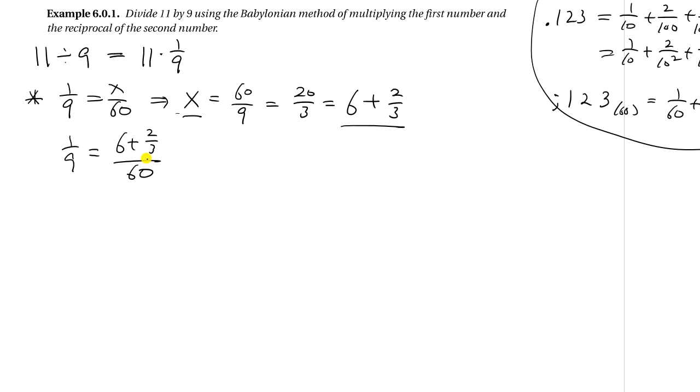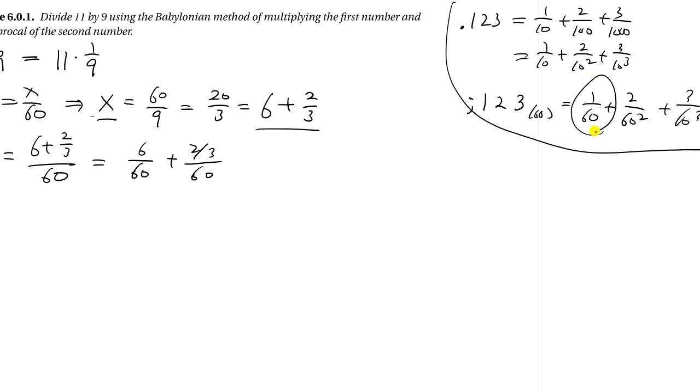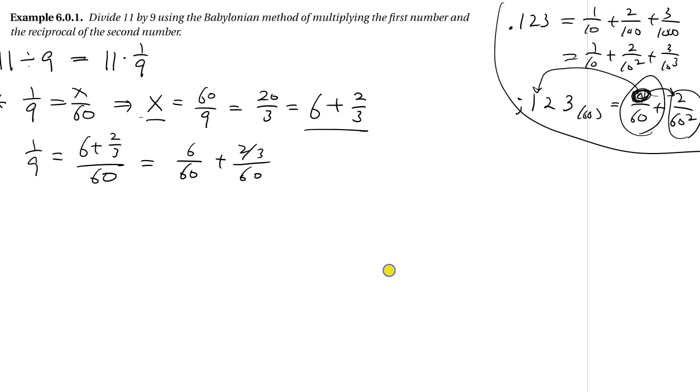Now look here. That is the same as 6 over 60 plus 2/3 over 60. As you can see, any integer between 0 and 60 can be placed here. But any number less than 1 must be written in the next position.